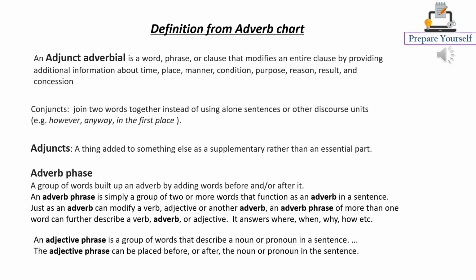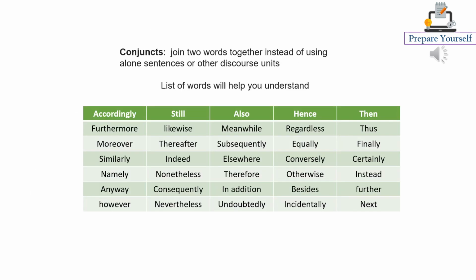All the definitions of the above chart are given here in written form. Just have a look at it. Try to understand it. It's very easy to understand. And let's remember this also for better future reference. In the last slide, we learned the definition of conjuncts.